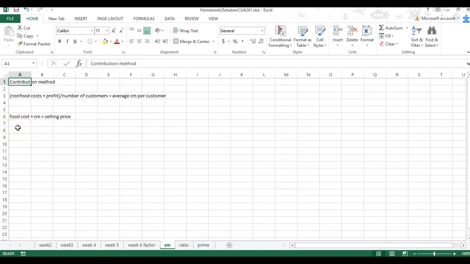So I already got the formula in there. We have our non-food costs plus profit. Those two added together and then divided by the number of customers will give us our average contribution margin per customer. If you look at the example in the book on page 95, they do give us a calculated total of the non-food costs.